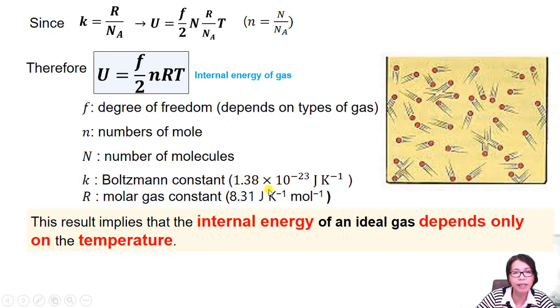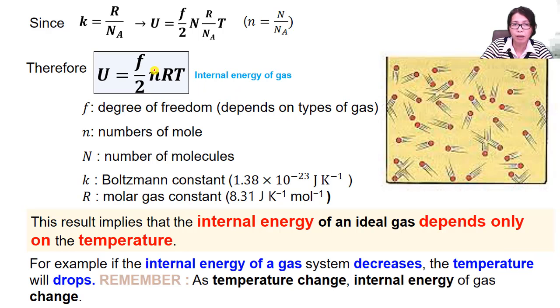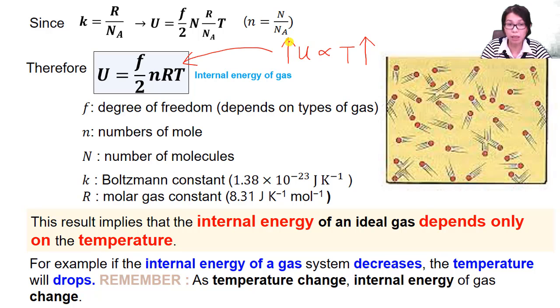You can see very clearly for a gas, the internal energy depends on the absolute temperature. So if you refer to this equation, it is very obvious our internal energy is proportional to the temperature. So when the temperature increases, the internal energy of the gases will also increase. If the internal energy of the gases decreases, it tells us that the temperature has dropped.